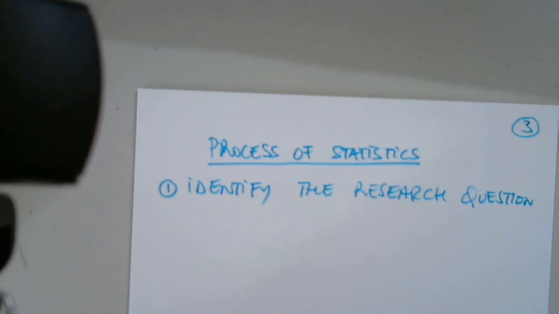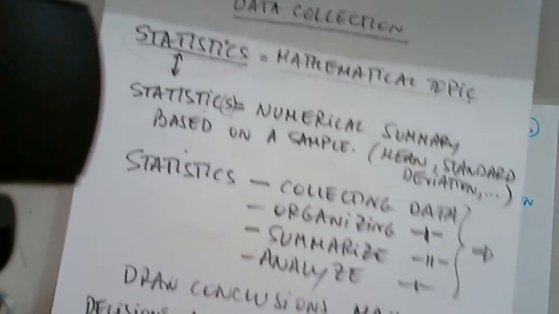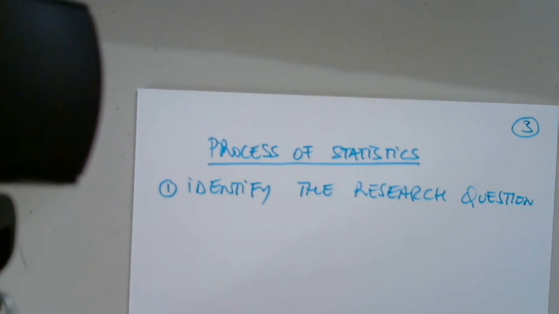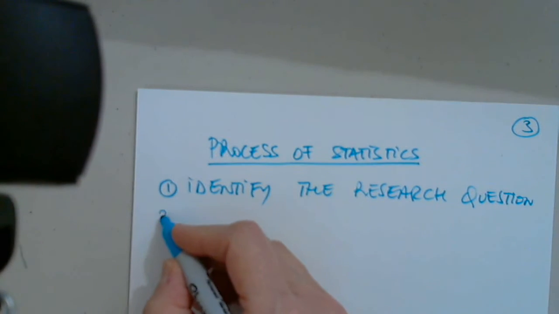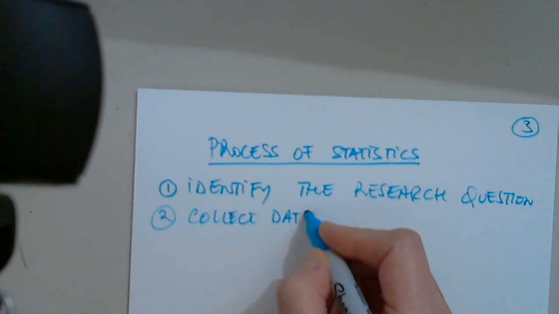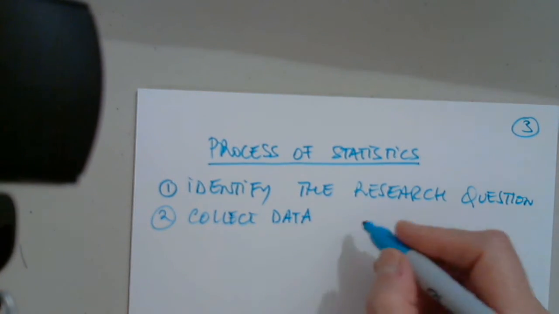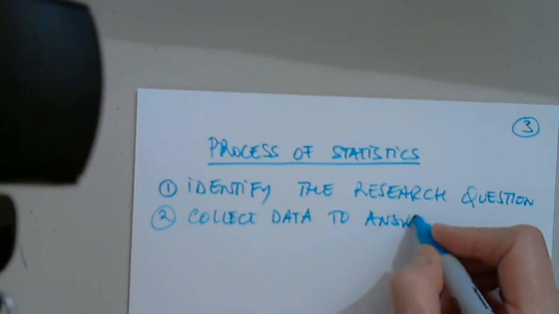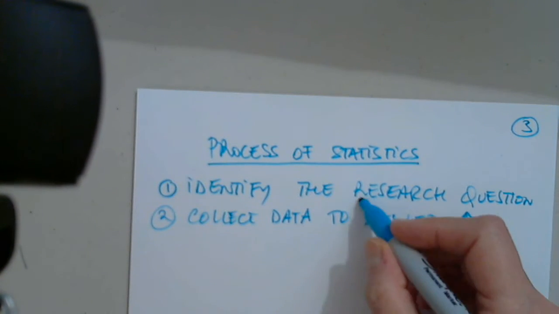In my simple example here, that was my question: does smoking create lung cancer? That was my research question. And number two, we collect data to answer the research question.